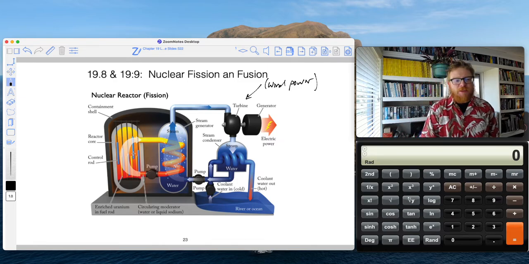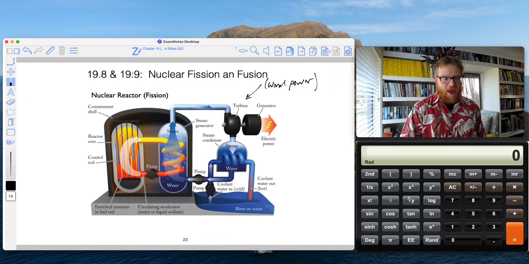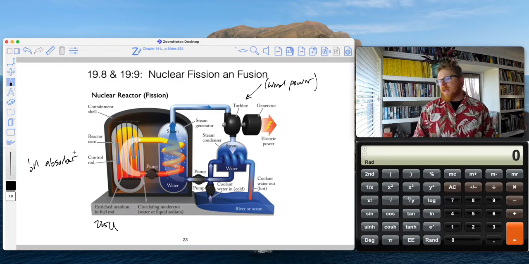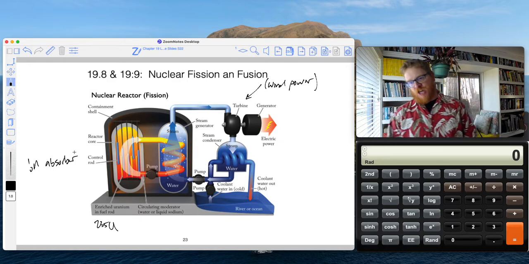Specifically, the way these things work: you can see we have the reactor core, and those fuel rods are enriched in uranium-235, and they are at a critical mass. However, you have these other devices called control rods. Those are neutron absorbers, so they can help limit or regulate the chain reaction.